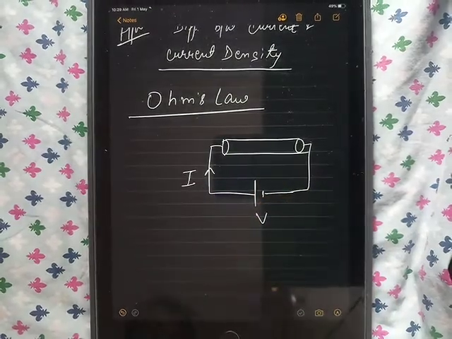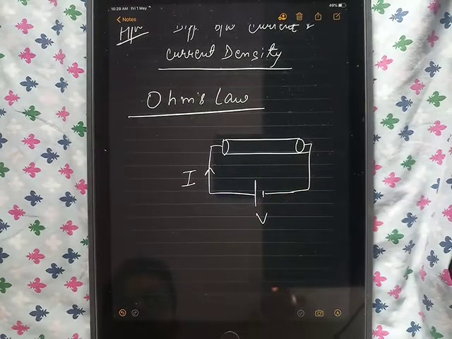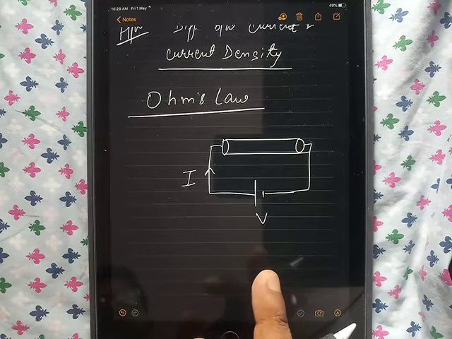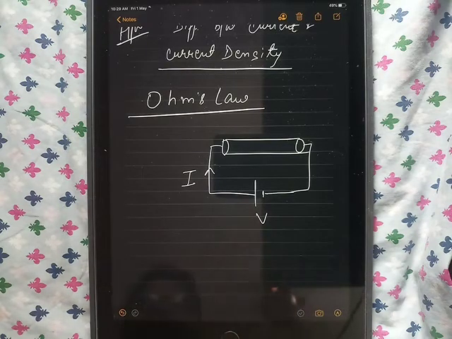Current passing through the conductor is directly proportional to the potential difference applied across the conductor, provided that the physical conditions like temperature, stress, strain, etc. must be the same.